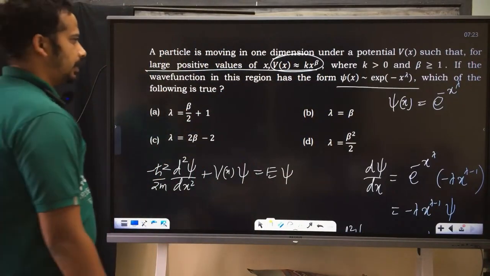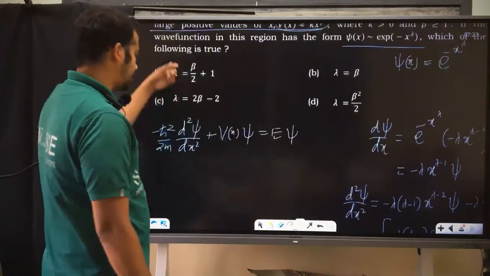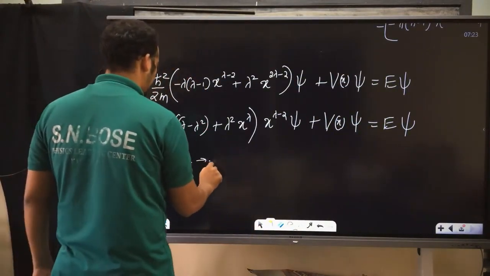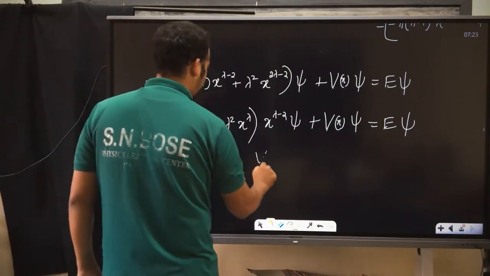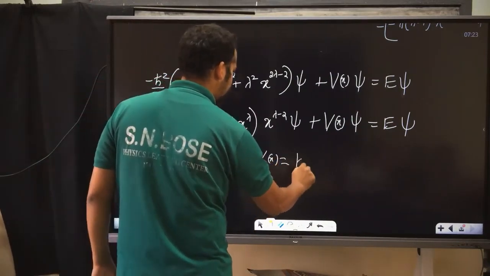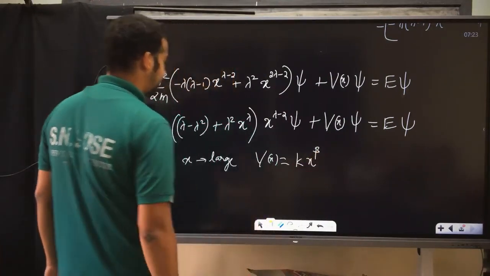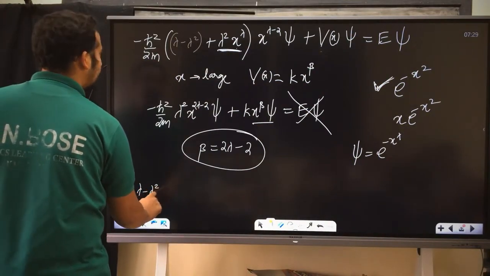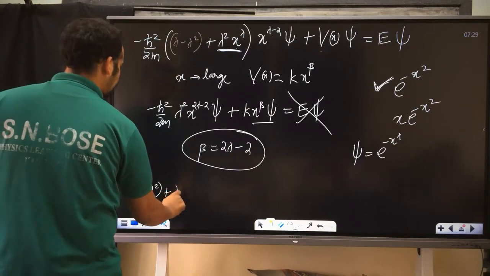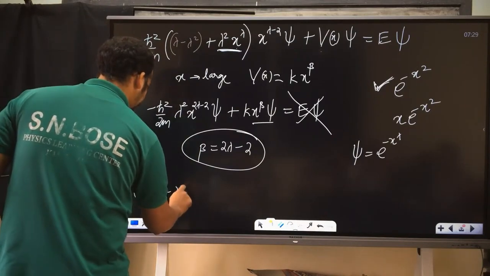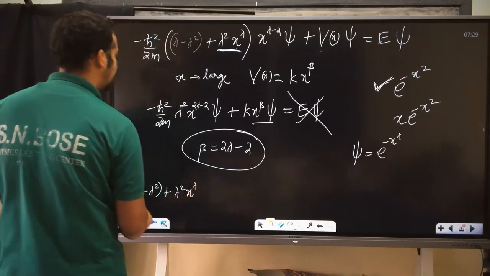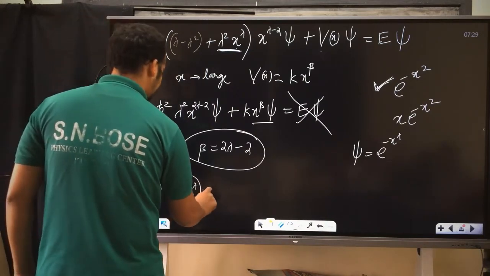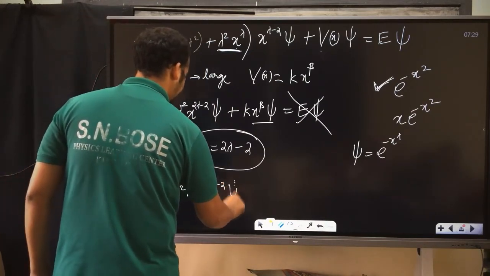Check how you apply that approximation when x is a very large value. v of x is nearly equal to kx power beta. So this is my second derivative: lambda minus lambda square plus lambda square x power lambda, multiplied with x power lambda minus 2 psi.